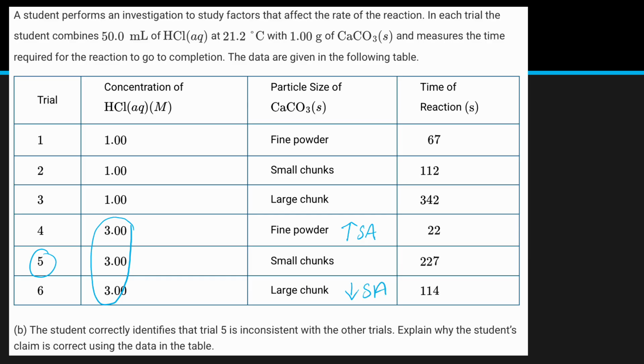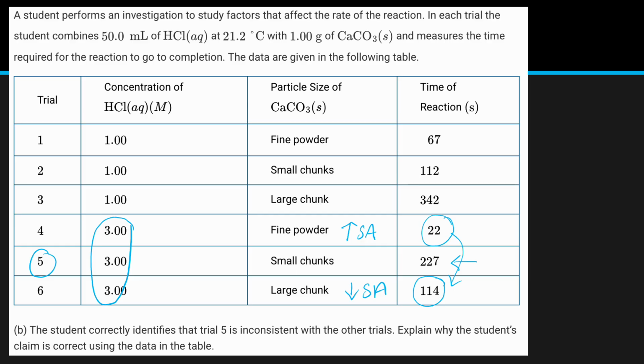So these should go in order from smallest time of reaction to largest time of reaction, and that is not the case. You can see that trial number 5 goes a lot slower than trial number 6, which doesn't make a lot of sense because small chunks have more surface area than large chunks, which means that its time of reaction should be less than 114 and more than 22.